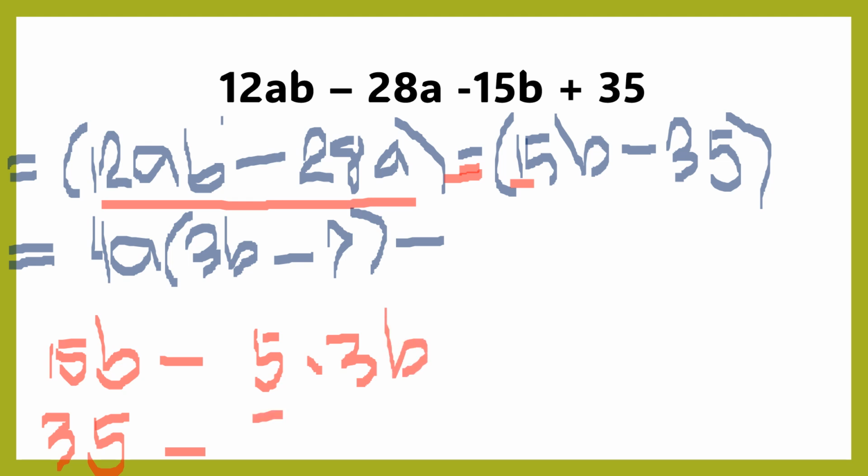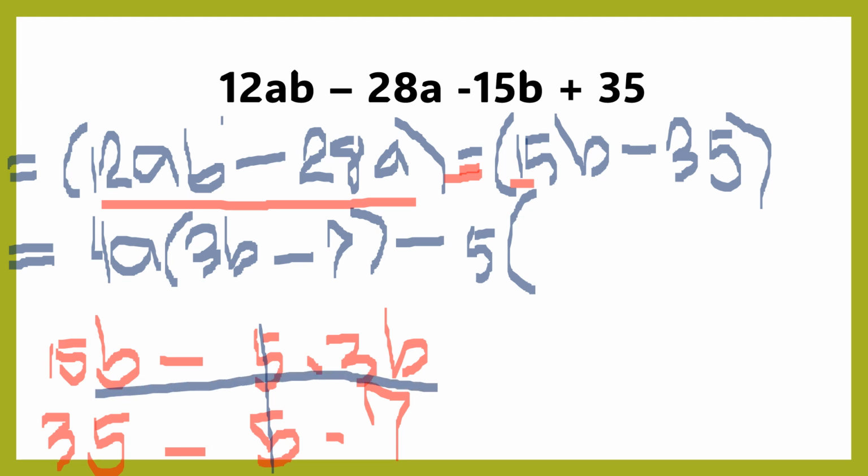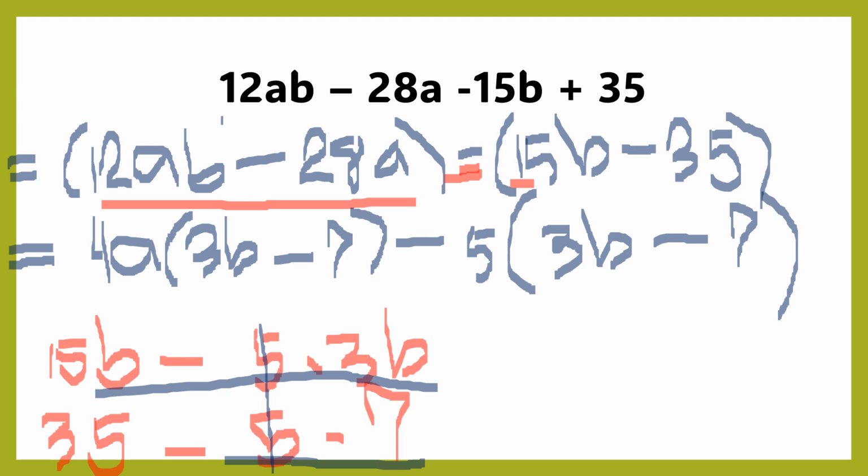Now, 35 divided by 5 is 7. Thus, its greatest common factor is 5. You write 5 here. Open parenthesis. Now, for the first term, the remaining is 3b. Copy the operation. Minus. For the second term, the remaining is 7. So, you write 7 here. And then you close it. Alright. Let me erase this. Okay, this one.